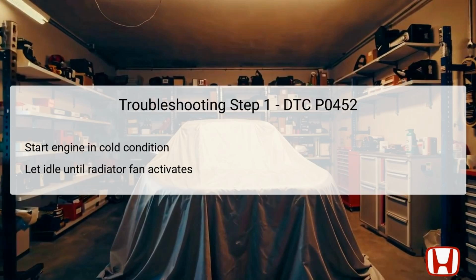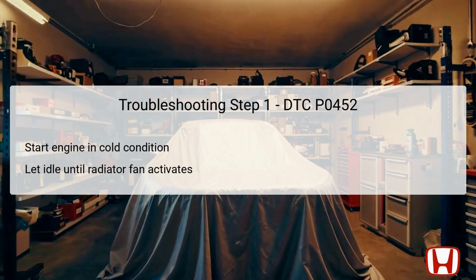Both drivers and technicians should be vigilant for these symptoms when troubleshooting issues related to the FTP sensor. The first step in troubleshooting the DTC P0452 requires starting the engine while ensuring it's in a cold state. It's essential that the engine is cold because the FTP sensor operates based on initial pressure readings that could be affected by engine heat. After starting, let the engine idle uninterrupted until the radiator fan kicks on.